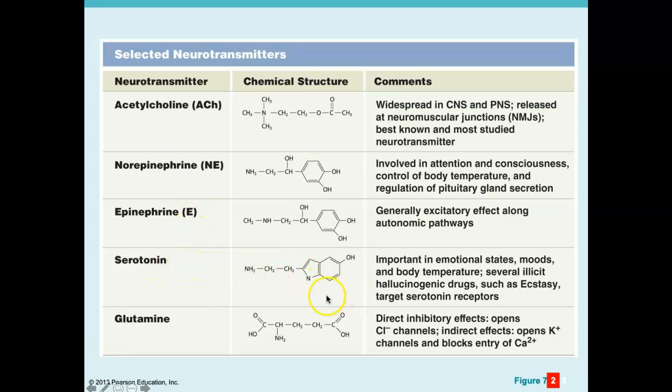Serotonin is important in our emotions, and it is the serotonin receptor that illegal drugs target. And you get a pleasurable feeling from those illegal drugs because they are producing a larger effect than serotonin, but similar to serotonin. And glutamine is inhibitory.